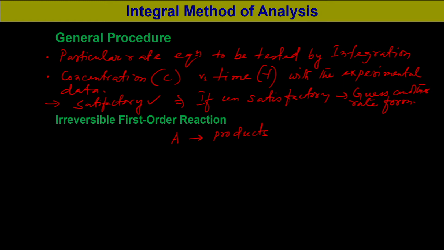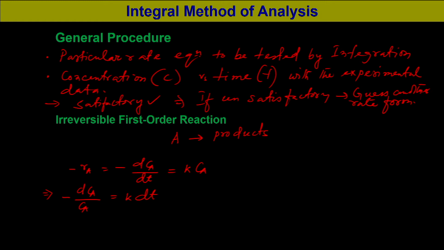As we said, this is a first order reaction, so the rate equation we can write: minus rA is equal to minus dCA/dt would be equal to k into CA. If we separate the variables from here, we can write dCA by CA would be equal to k into dt.